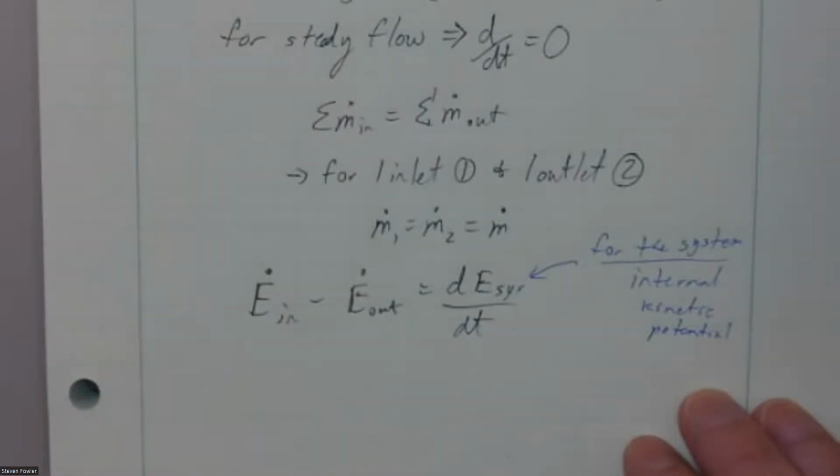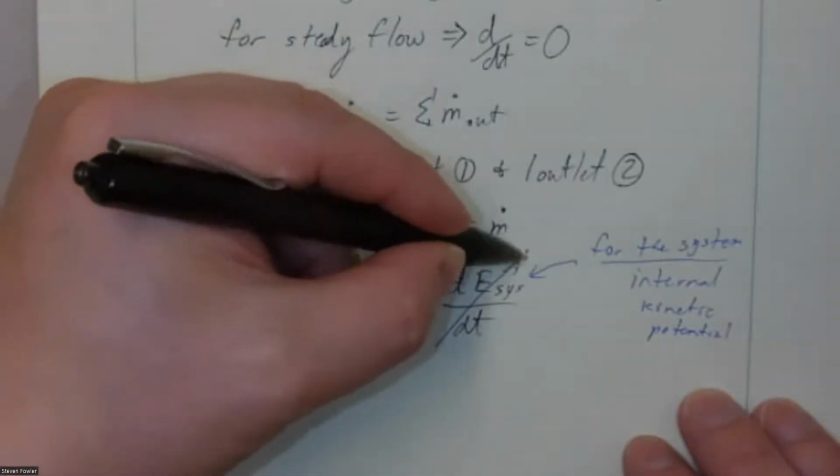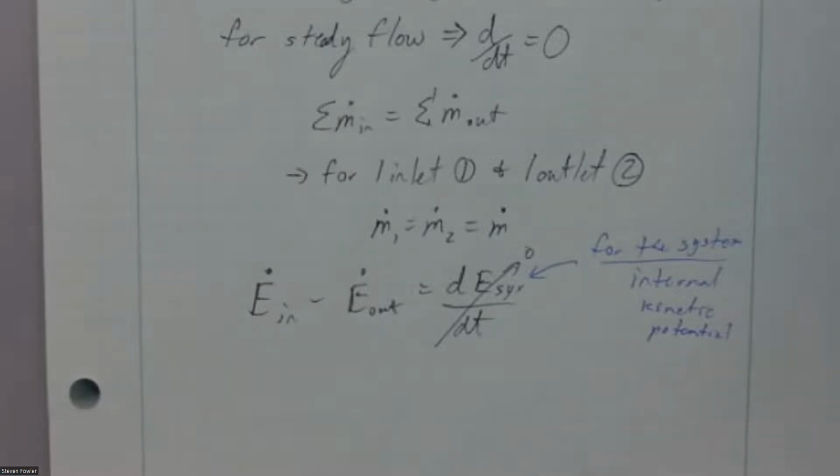What we're saying here is, well, if it's steady flow, that's going to 0. The system itself, the turbine, the heat exchanger, the nozzle, whatever it is, is not changing its internal, kinetic, and potential energy. We've reached a point where it's operating steadily. So the system itself is not changing energy. What I have then, all that's left is changes from the inlet to the outlet. Okay. So what does that mean?